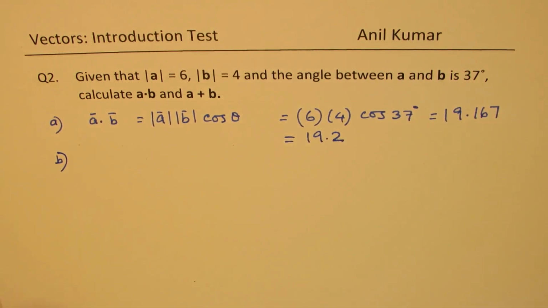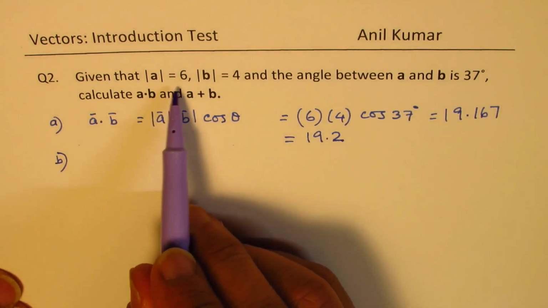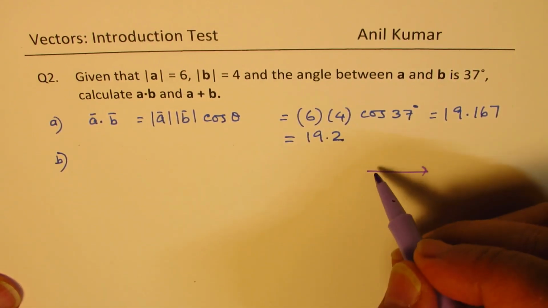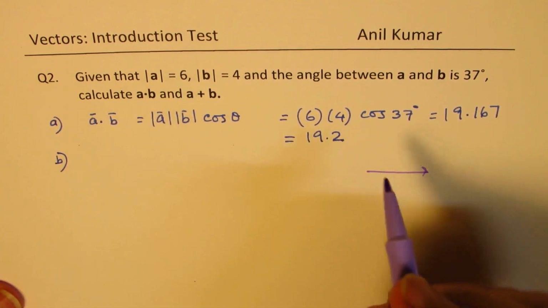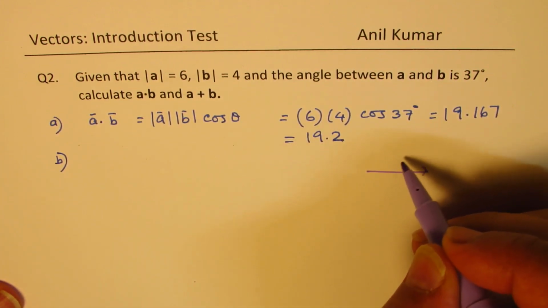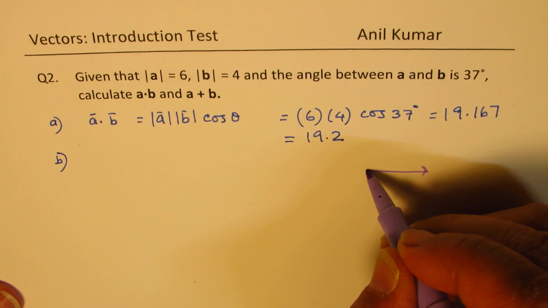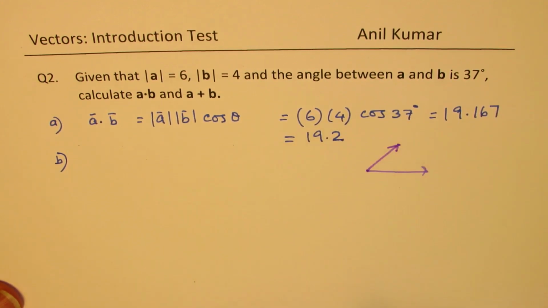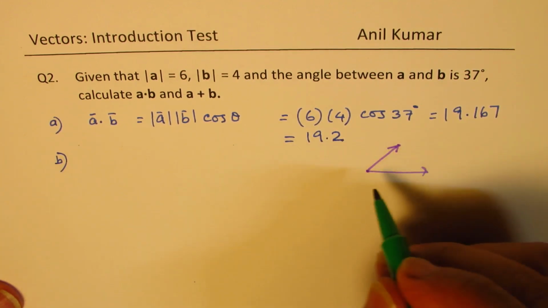Important thing to understand here is that when we are saying that magnitude of A and B is given and the angle between them, then basically, let's say this is A for us, right? And magnitude of B is, let's say this is B for us. The angle between them is 37.